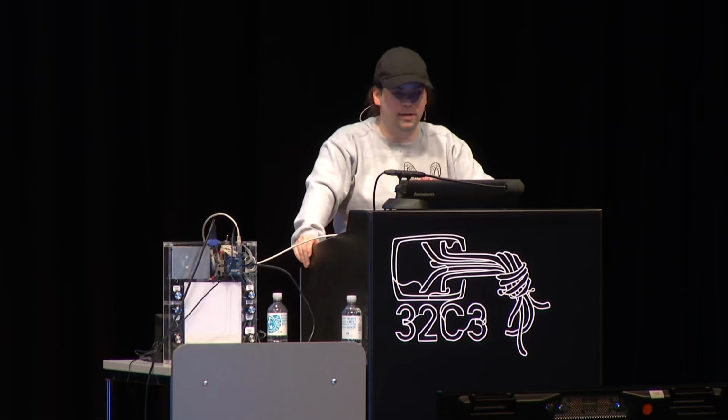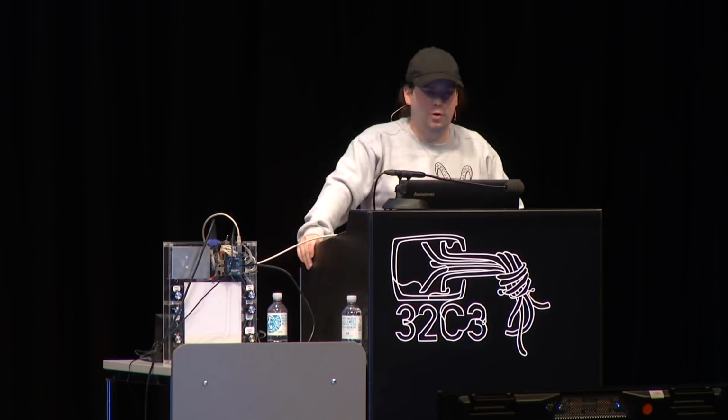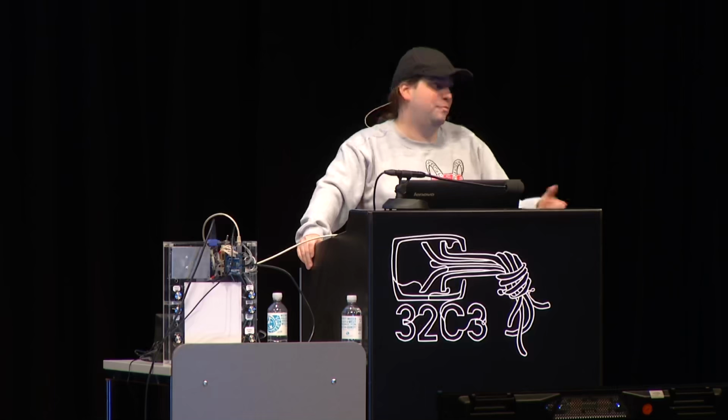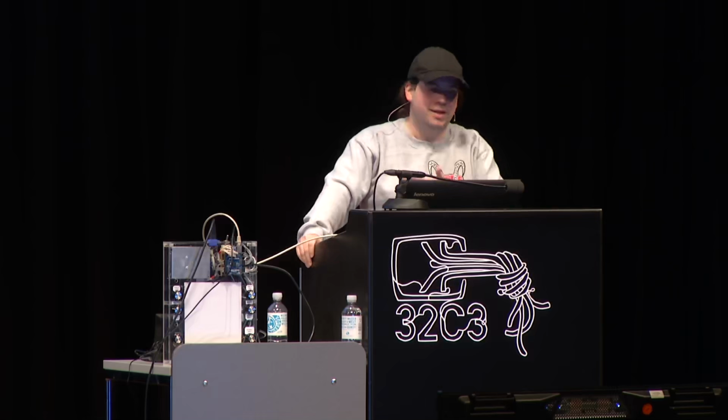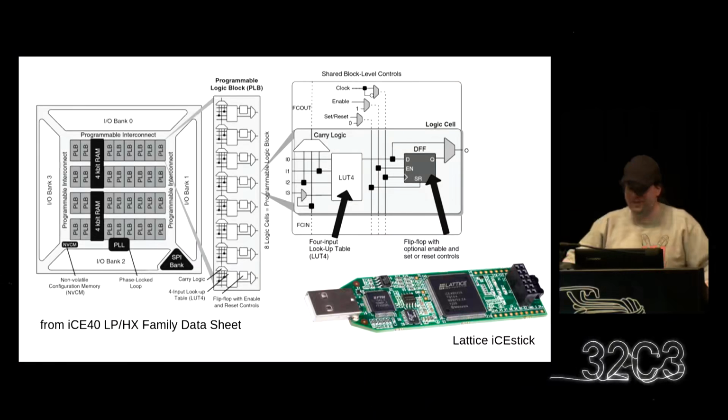The Lattice iCEstick costs less than $25, so it's really affordable for someone who just would like to experiment with it and have a quick go with it. Also, if you would like to do some low-level stuff and are afraid of maybe breaking your dev board by fiddling with the configuration bits manually, then it's quite nice to have a dev board in this price range where you can simply replace it.